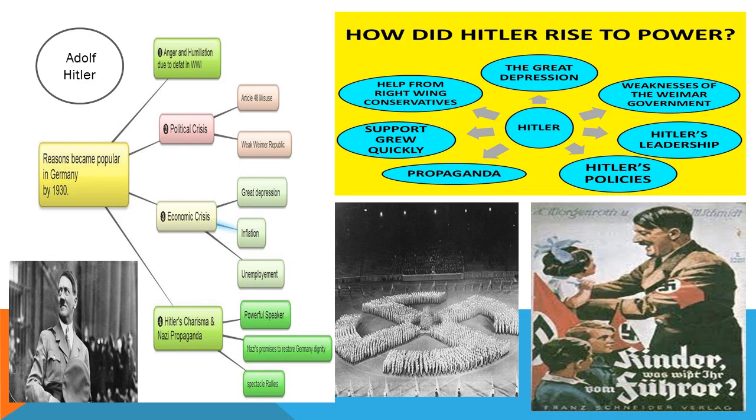Let us now understand how Hitler rose to power. These were the reasons he became popular in Germany by 1930. First, there was anger and humiliation among the people due to the defeat in World War I. Then the political crisis, with Article 48 and the weak Weimar Republic.